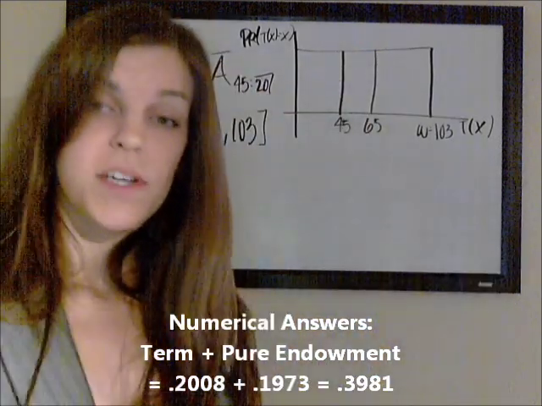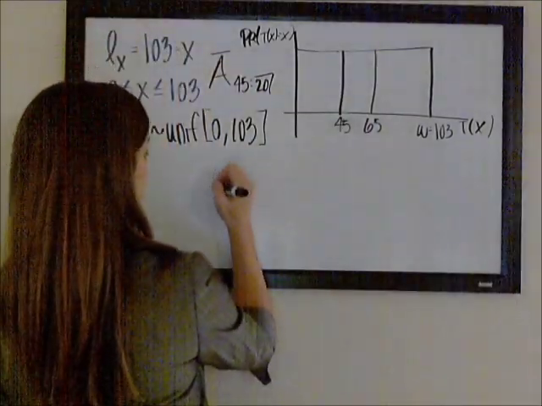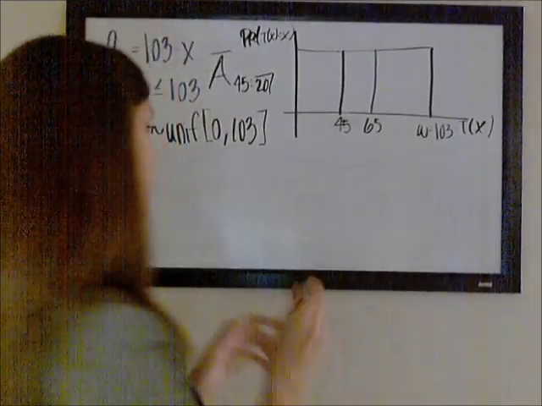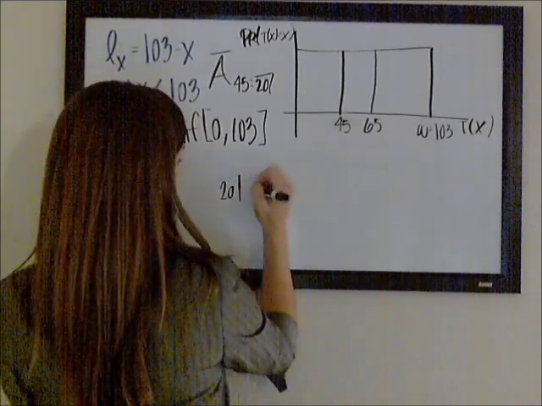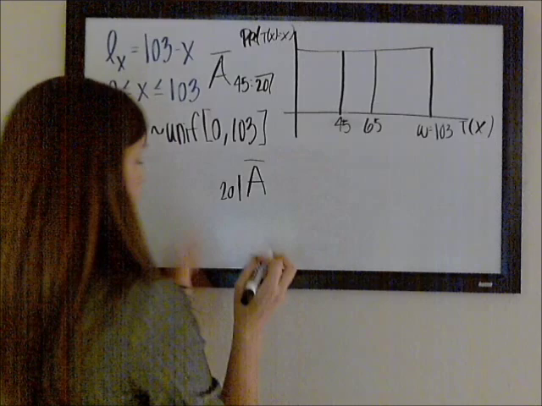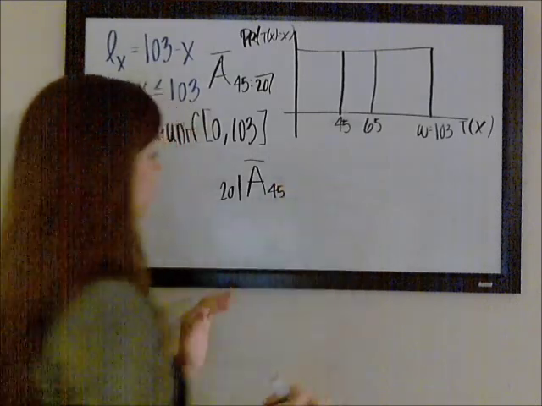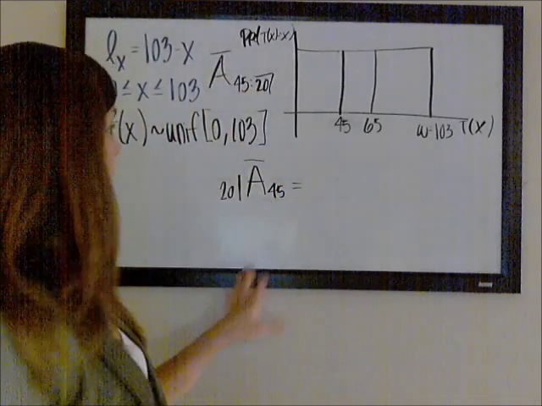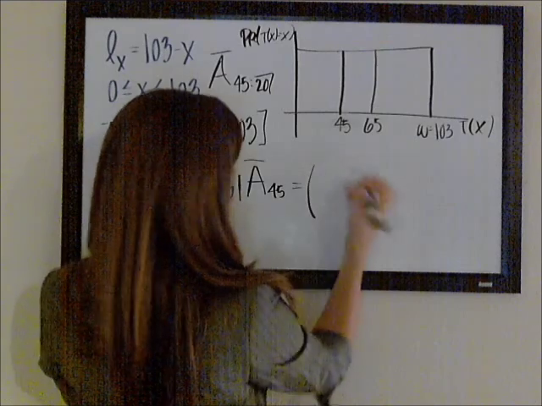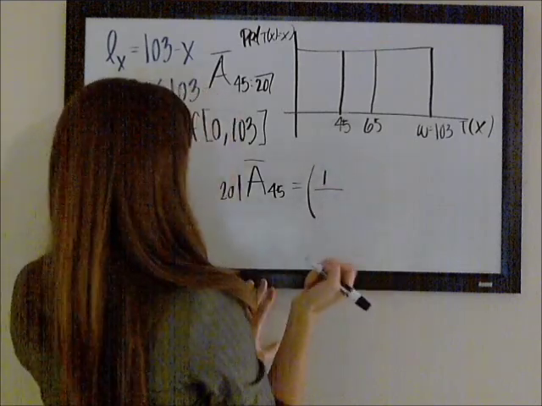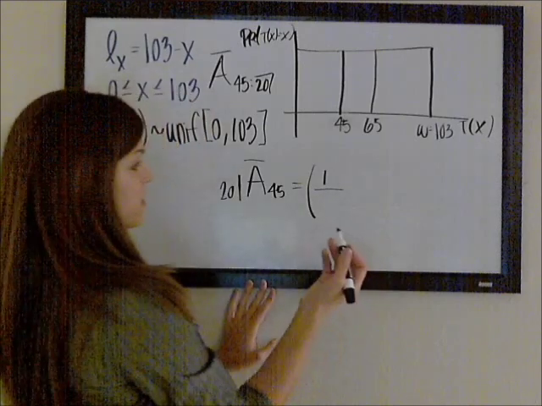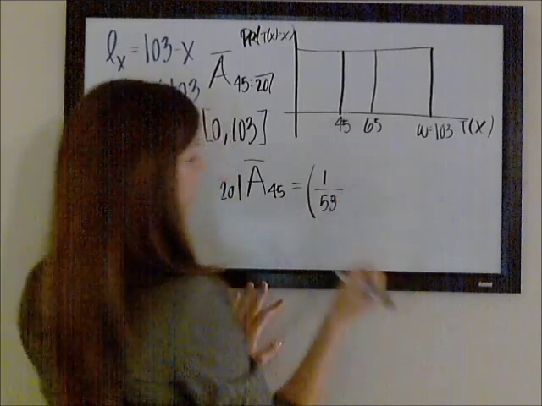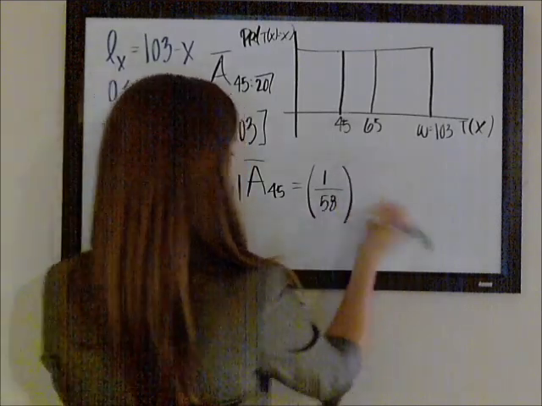I guess one thing that I didn't mention would be the deferred insurance. So let's stick with our 20s and 45s. If you wanted to find a 20-year deferred insurance payable at the moment of death on a 45-year-old, you still have payments of 1 over omega minus x, still 58, on average each year.